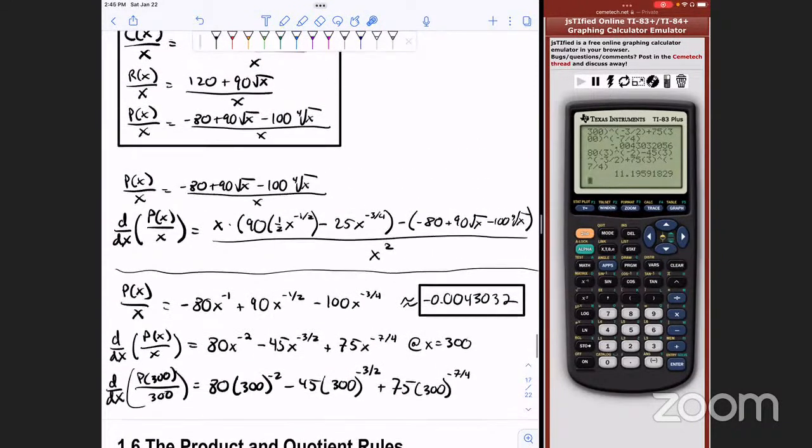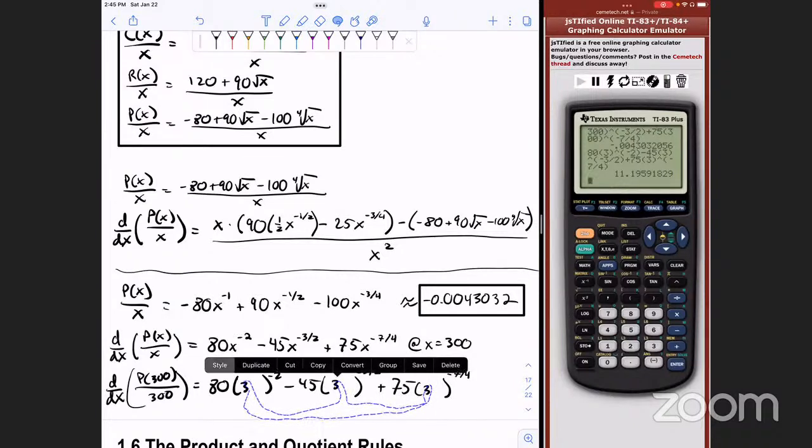So I did need to make that adjustment, where instead of putting 300, you definitely should have put 3. That's kind of how some of these go. That was the only thing we were doing wrong. We put in the 300 instead of 3, because this model was based on X already being in terms of hundreds.